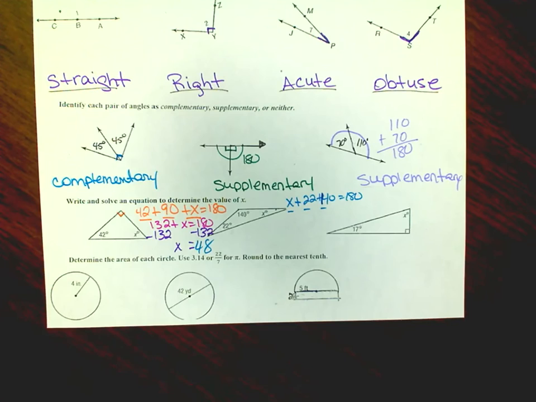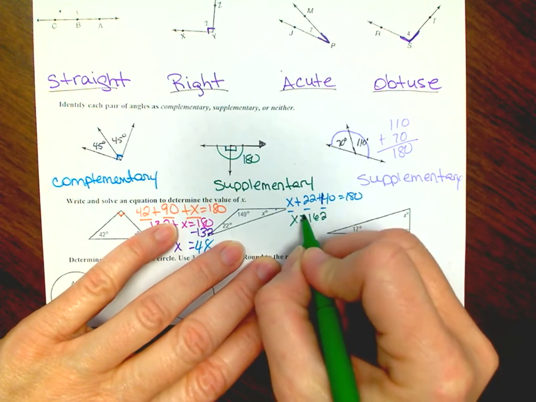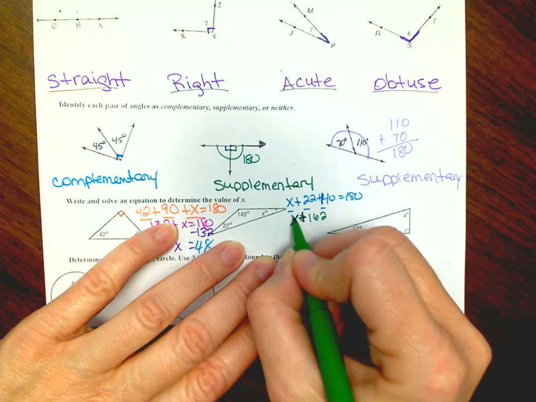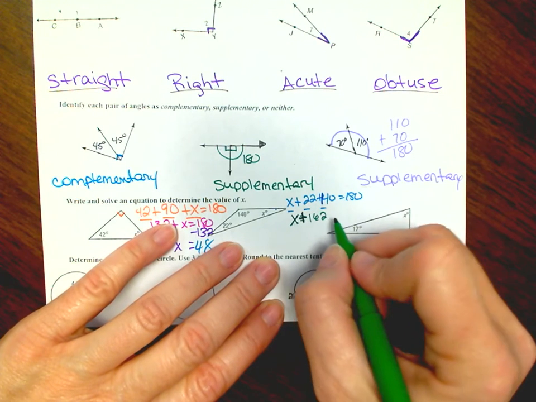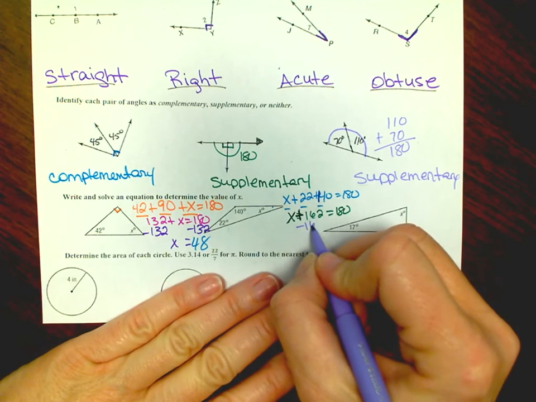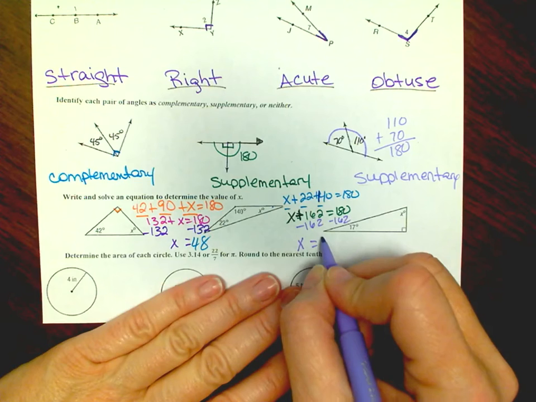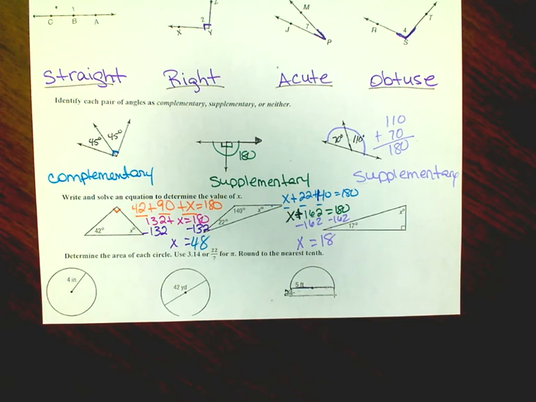If I add 22 plus 140, it's going to be 162. So x plus 162 equals 180. You're down to a one-step equation. You want to get x by itself, so you're going to subtract 162. And then x should be 18.